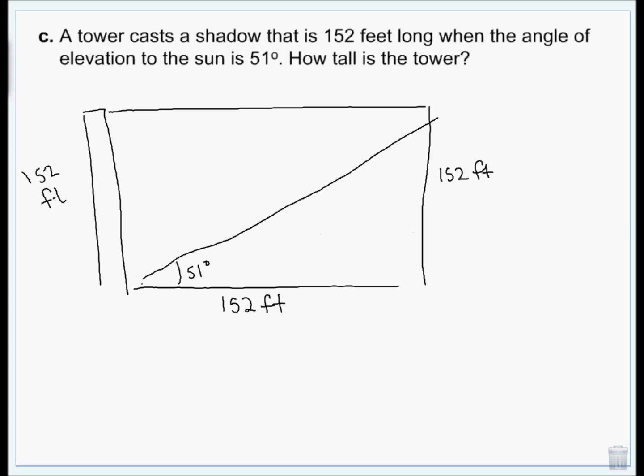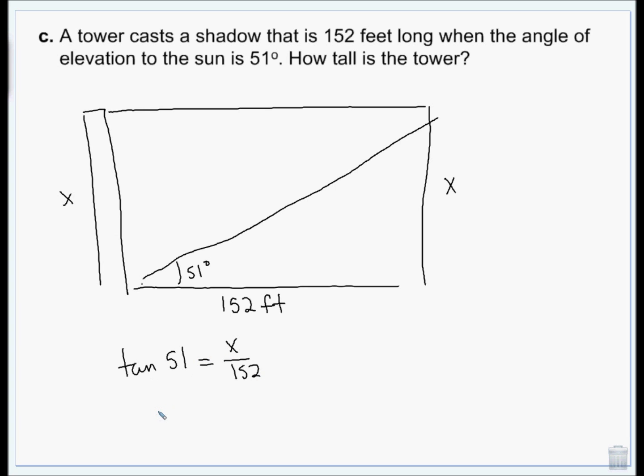That's wrong. Hold on, I'm sorry. Let me pause. Sorry about that. The tower's x. The shadow was 152 feet. The elevation of the sun is 51, but that would also make this 51. So I have tangent of 51 is equal to x over 152.